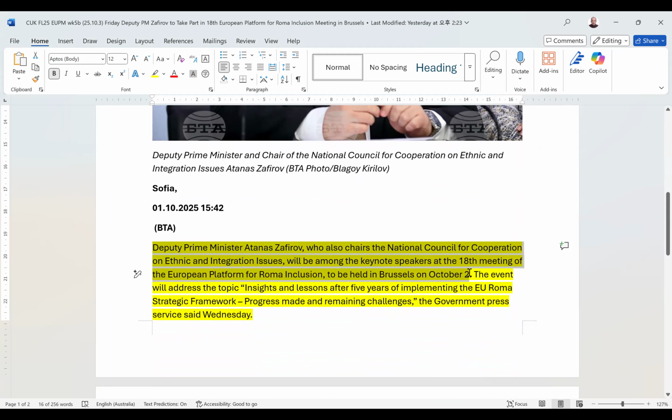The sense is that these Roma are going to come to the United Kingdom, or they're going to come to Germany or France, and they're going to apply for social assistance. They don't want to work.